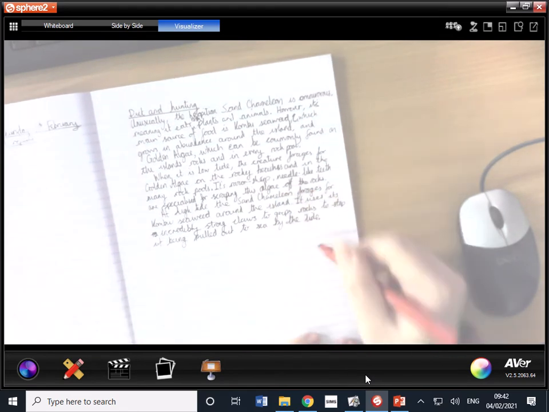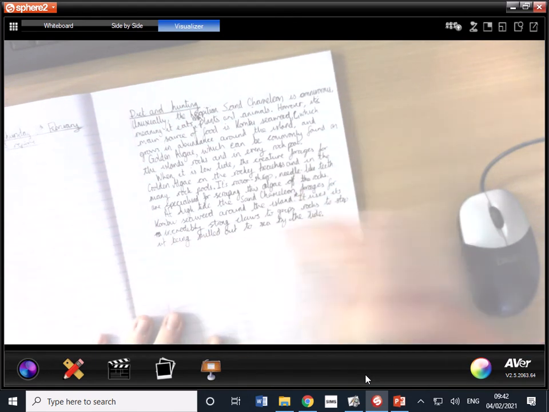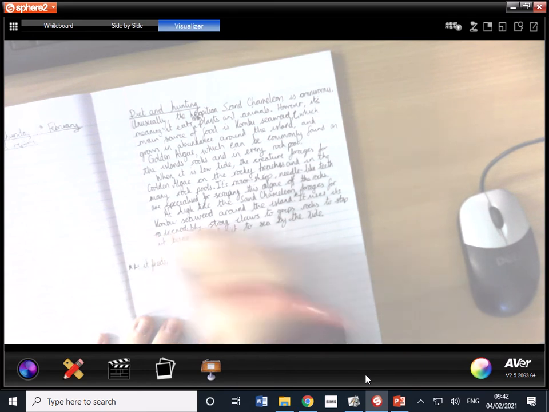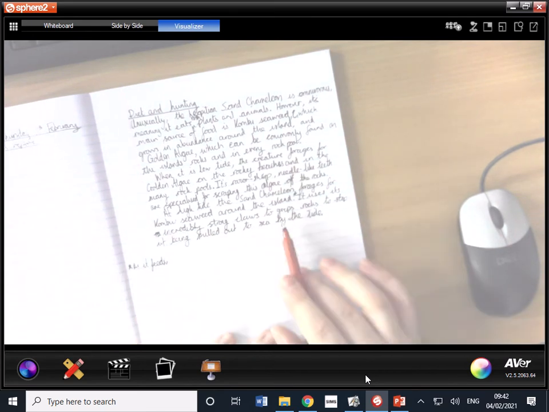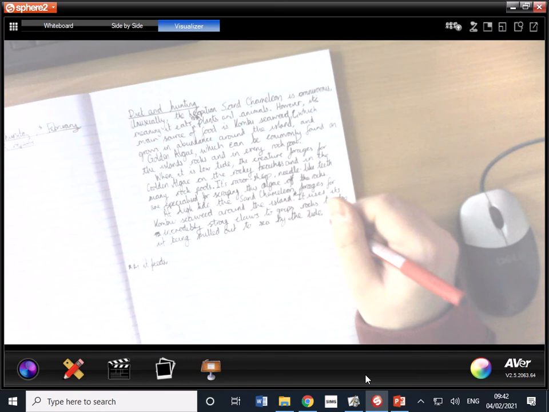Now I've just realised I could probably change that there, so I'm just going to put a little star. So I'm going to put my little star there and just put as it feeds, comma, it uses its incredibly strong claws to grip rocks to stop it being pulled out to sea by the tide.